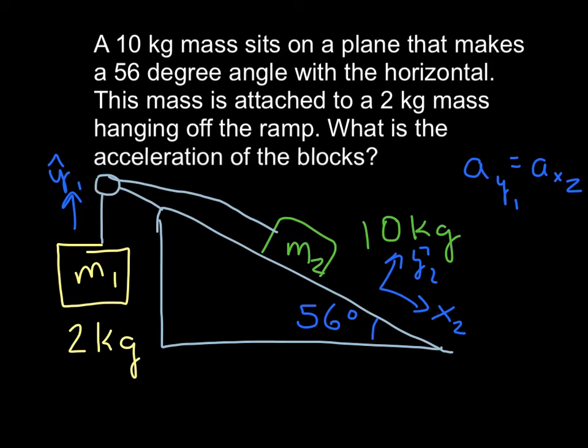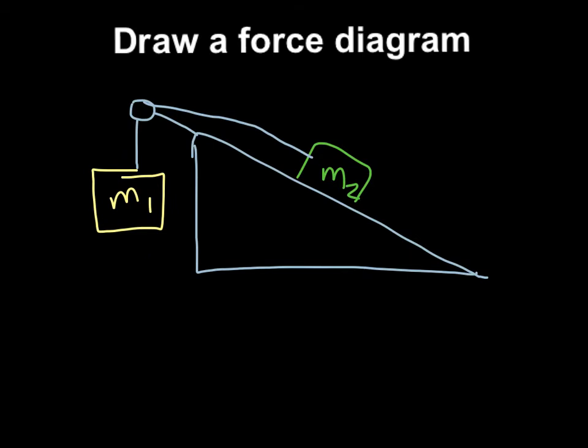So now let's look at what we do next. Just like any other Newton's law problem, we're going to draw force diagrams. If I look at block 1, it has the force of gravity, which is m1g, balanced by tension.